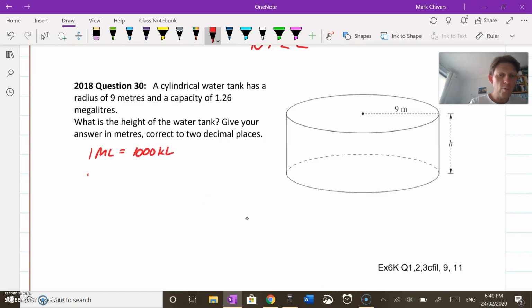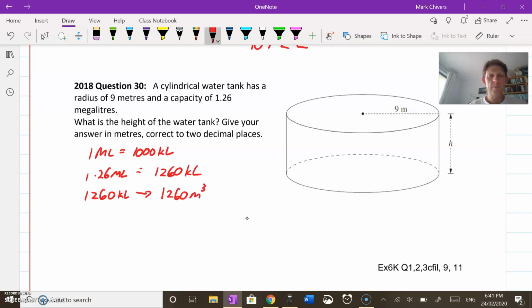So therefore, 1.26 megalitres must equal 1,260 kilolitres. And to get a capacity of 1,260 kilolitres, we'd need a volume of 1,260 metres cubed.